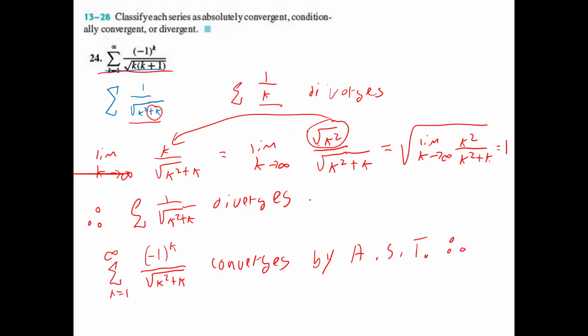Therefore, conditionally convergent. So it converges, it just converges conditionally.